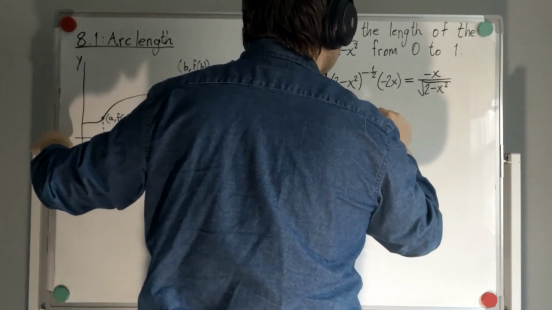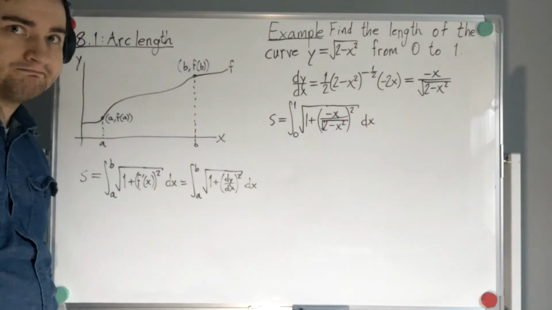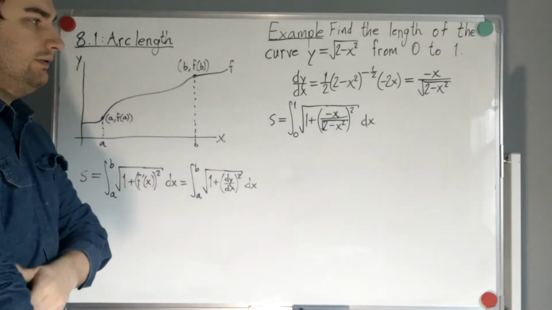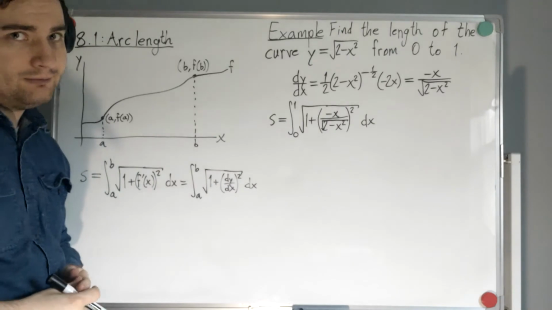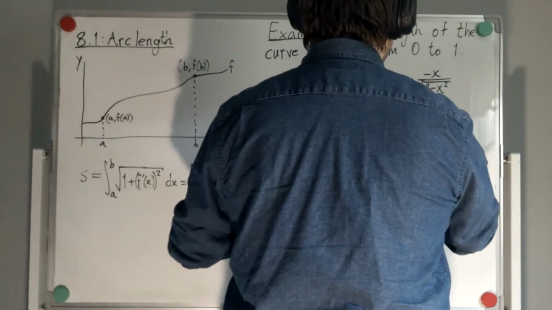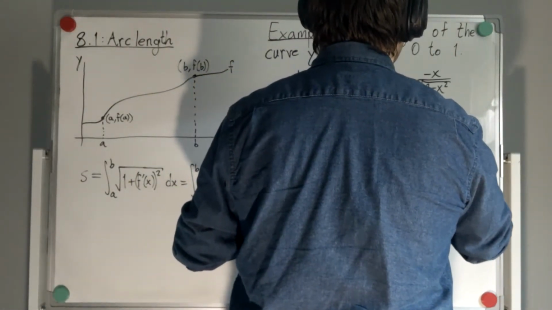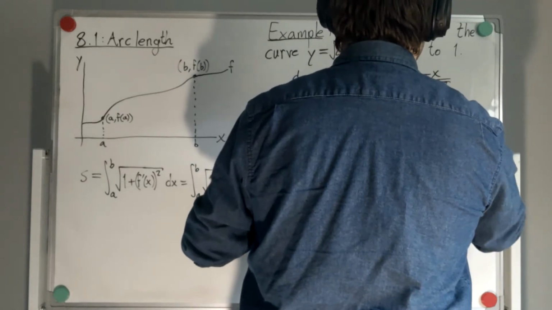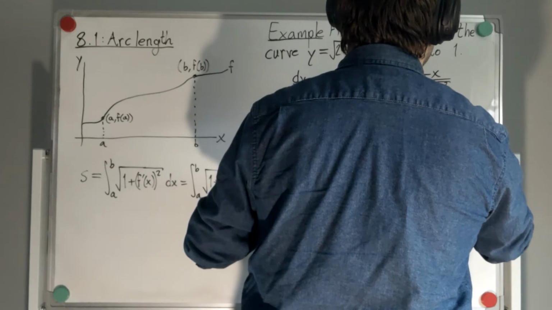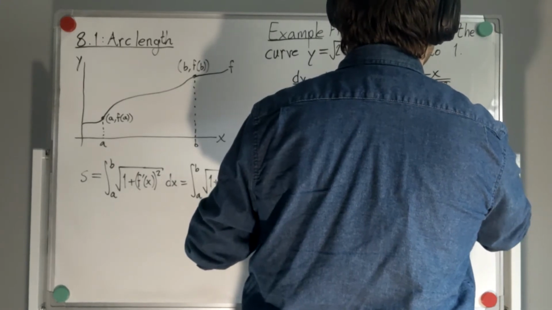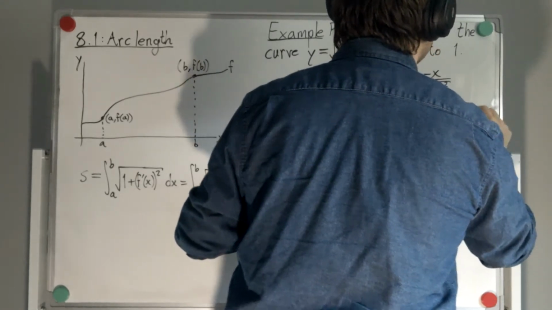dx. Well, if you square that, then of course the square root on the bottom cancels out, and the top just becomes x squared. So then this becomes the integral from 0 to 1, square root of 1 plus x squared divided by 2 minus x squared dx.